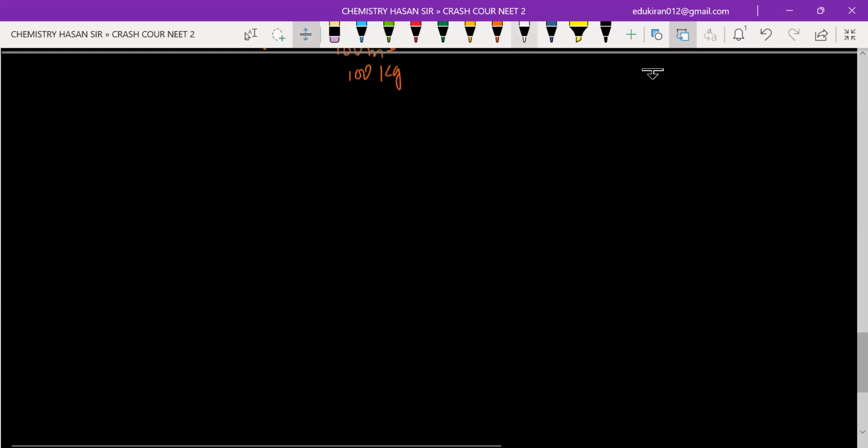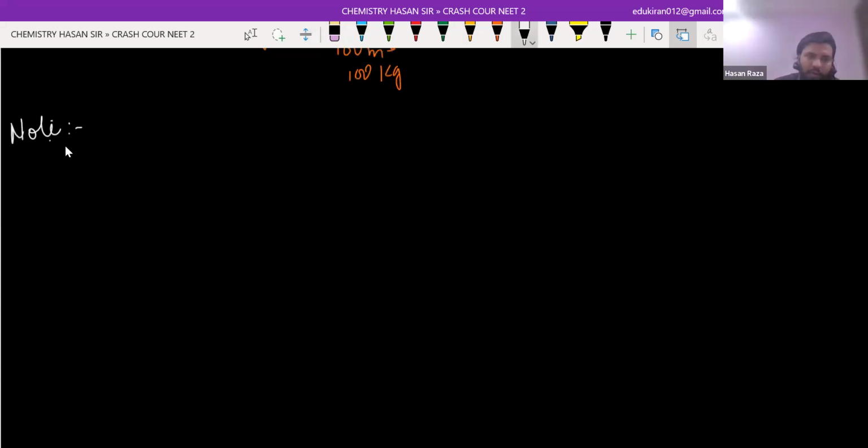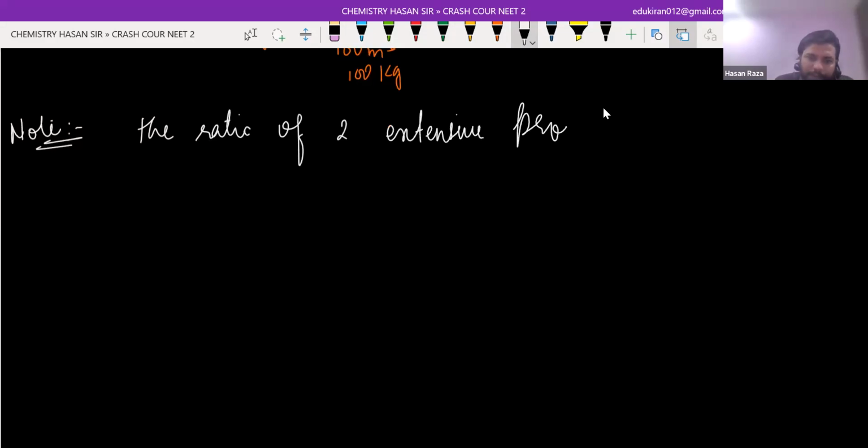Now see, there is another trick, note 2, which is very important, and you can easily connect it with density. The ratio of two extensive properties is always intensive.